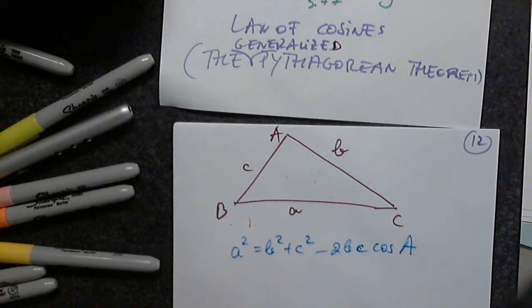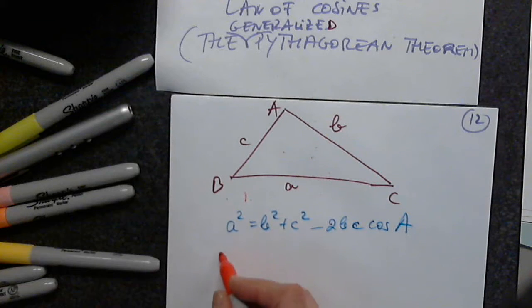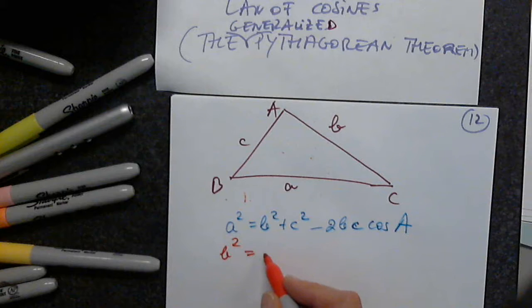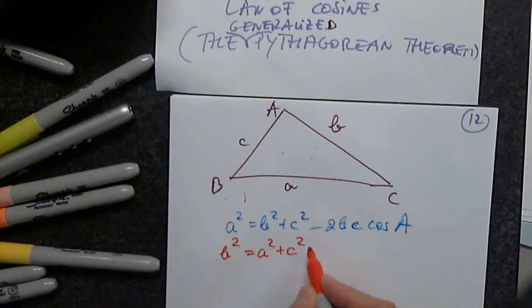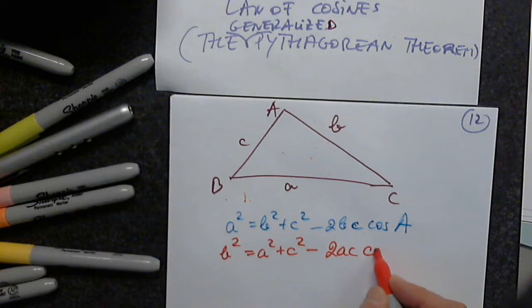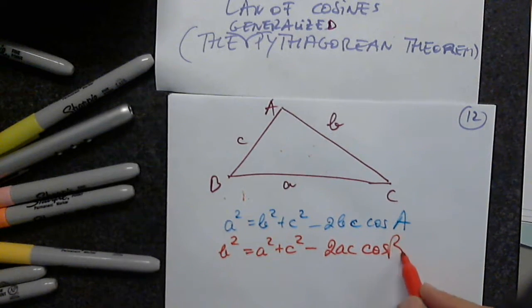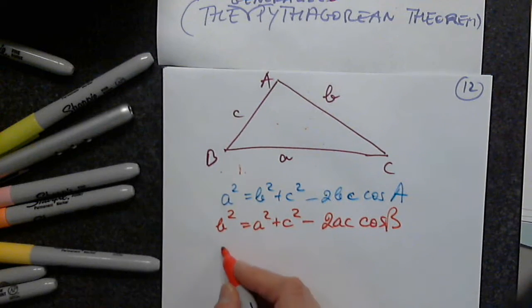Now, can anyone tell us what this will look like if I have b squared? Because there are three forms, for any angle it can go around. So b squared will be a squared plus c squared, exactly, minus 2ac cosine B. Okay, can anyone give us the last one?